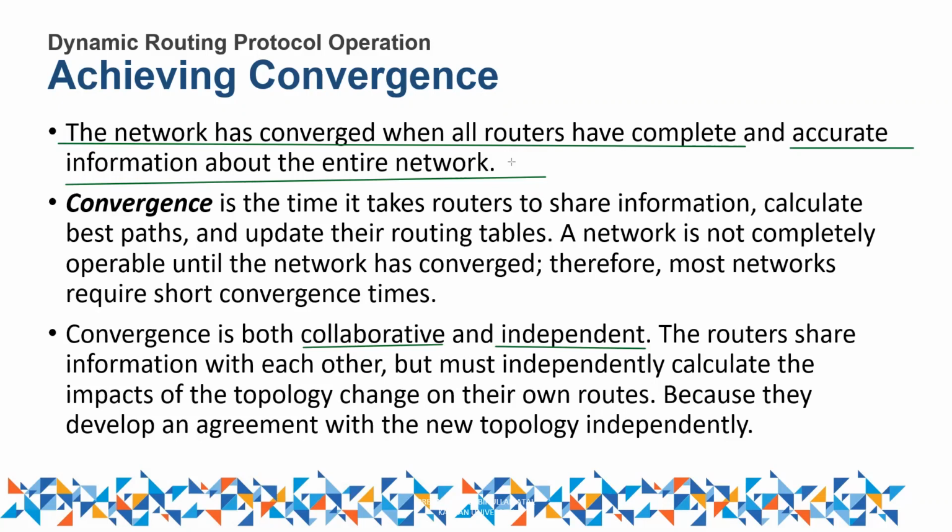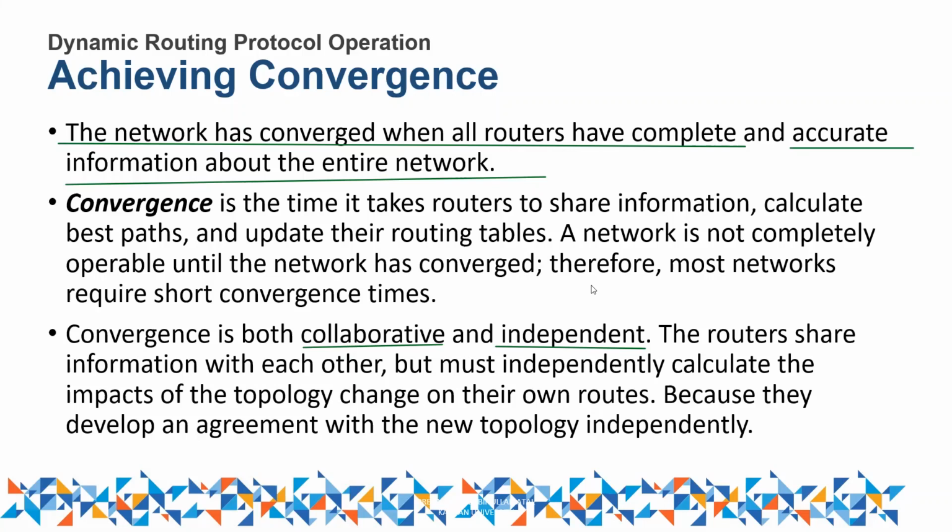So we understand that convergence means collecting and completing the learning of accurate routing information and then deciding the best path. It can be done collaboratively and independently. Collaboratively means all the routers will share information with each other. Independently means that this information will be independently calculated by each router to choose the best path.